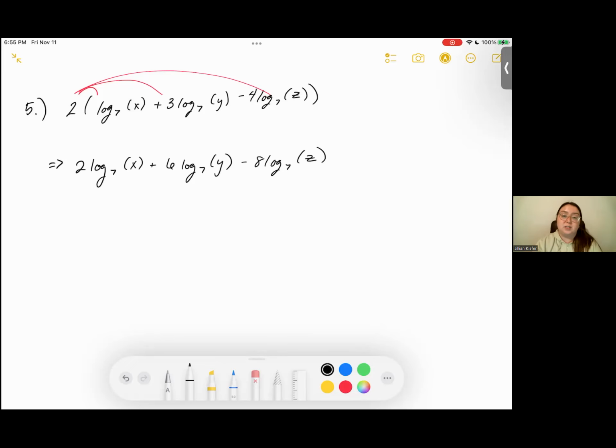All right, so we distributed the 2. Now we have coefficients in front of all of our logarithms. It is best to get rid of those coefficients first and then deal with the rest of the laws of logarithms. So since we have coefficients, this is indicating exponents on our variables instead. We don't have to do this right away, but it does make it a little bit easier. So we're going to use the third law of logarithms first.